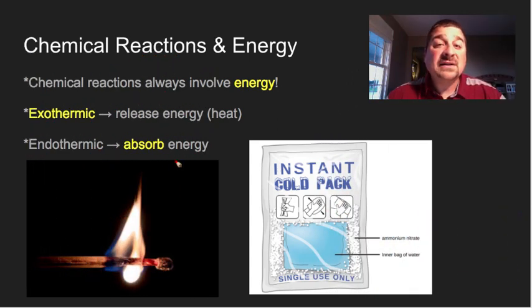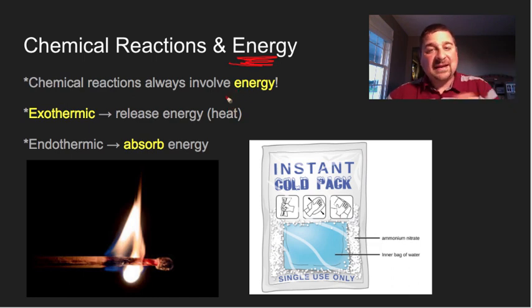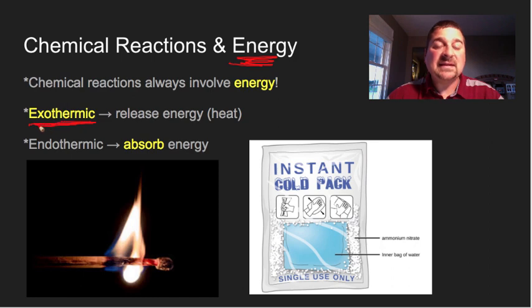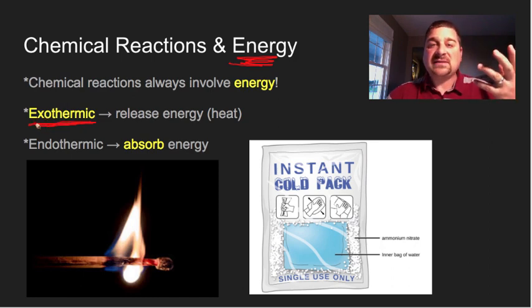All chemical reactions involve energy in some form. That energy is either going to be taken in to the product, or the reactants are going to react and release energy, and the products are going to be lower energy. A chemical reaction that releases heat is called exothermic. The prefix exo means to the outside.